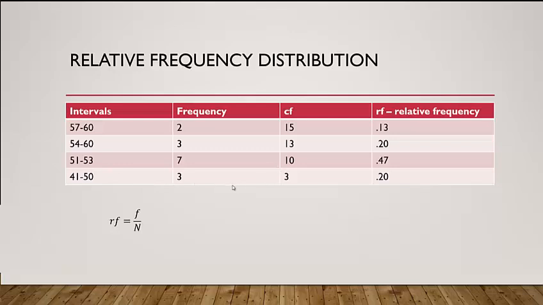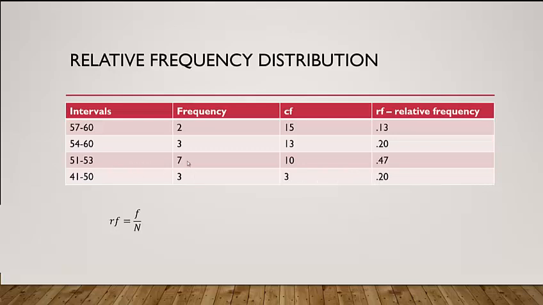In other words, if we see 3 cars in the 41 to 50, what percentage of the total is that? You can see here our formula is relative frequency equals frequency divided by our big N, and our big N here is 15. So we just take 3 divided by 15 and we get 20%.